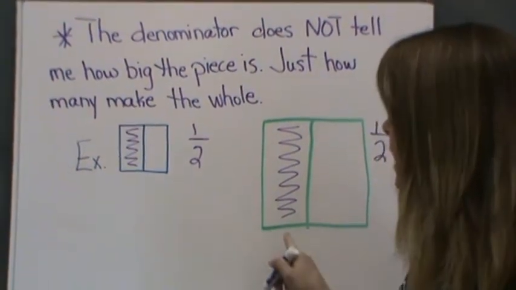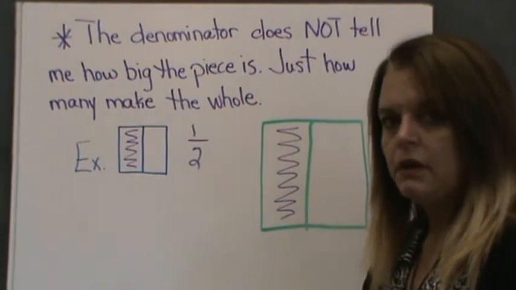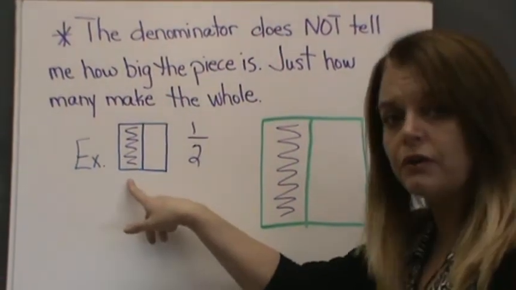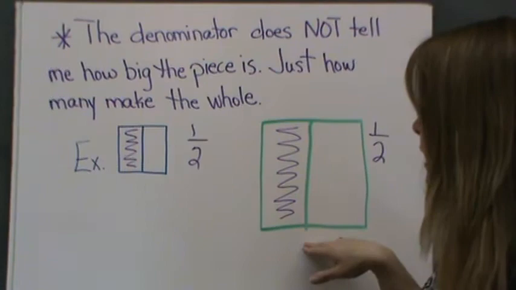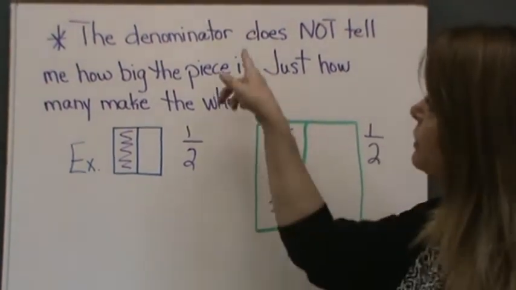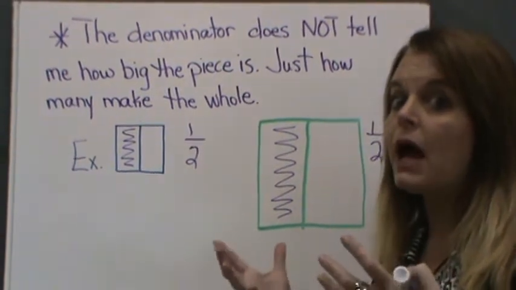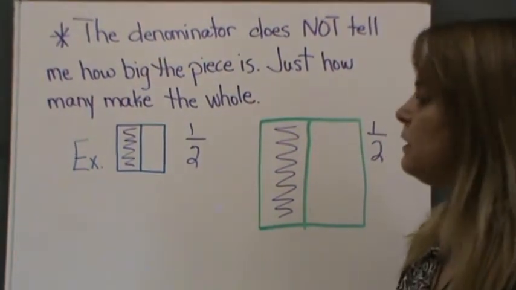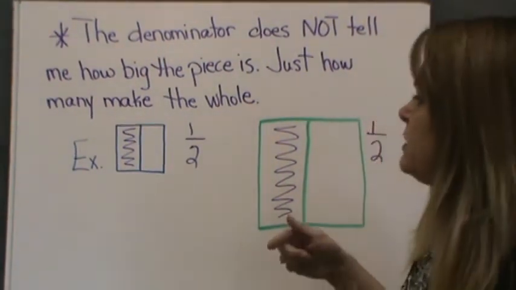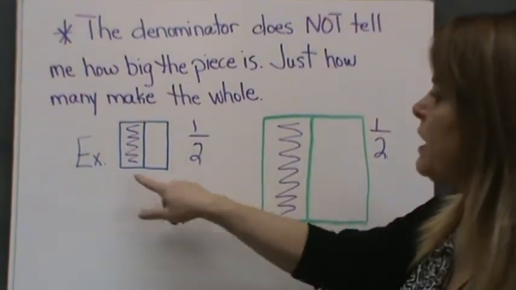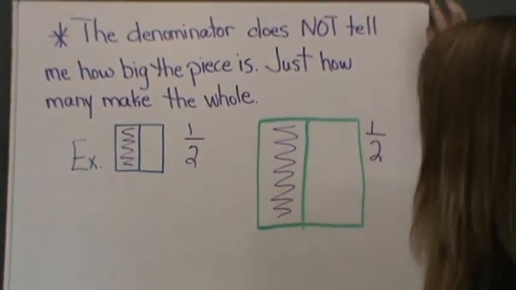But look at the 2 halves. Half of this is much smaller than a half of this. So the denominator tells how many it takes to make the whole, but it doesn't tell me how big that half is. Of course, the other half has to be the same size. So, just how many it takes to make the whole.